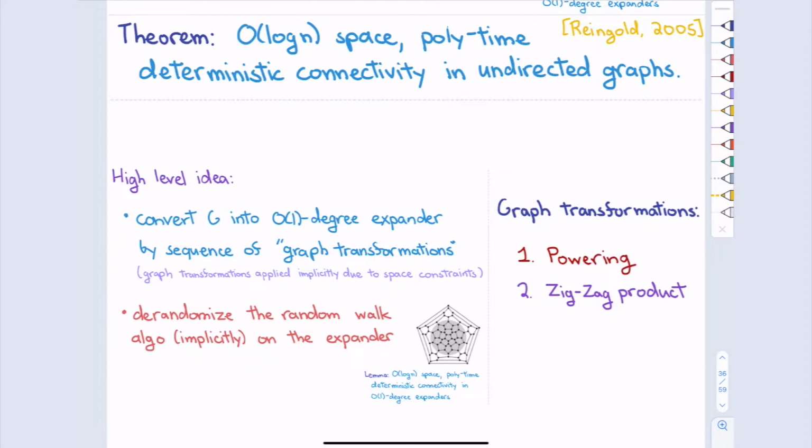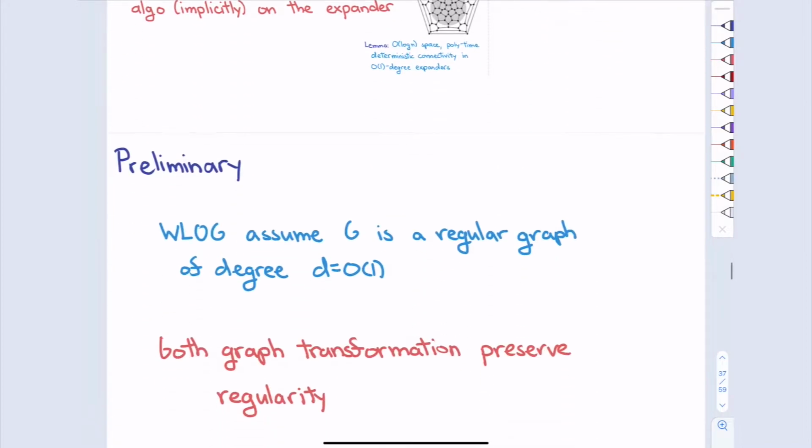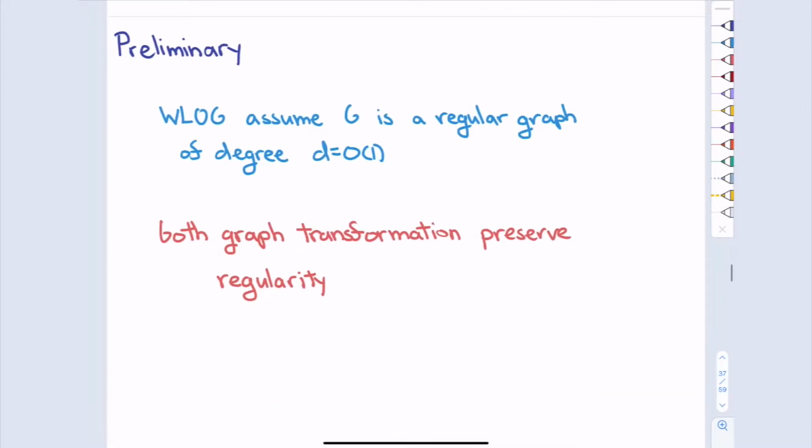Okay, so one thing I should point out. We're just going to assume that your input graph is a regular graph with some nice constant degree. Regular means everything has the same degree. This is really not such a big deal because you can do things like, okay, I'm stuck with a vertex with very high degree.